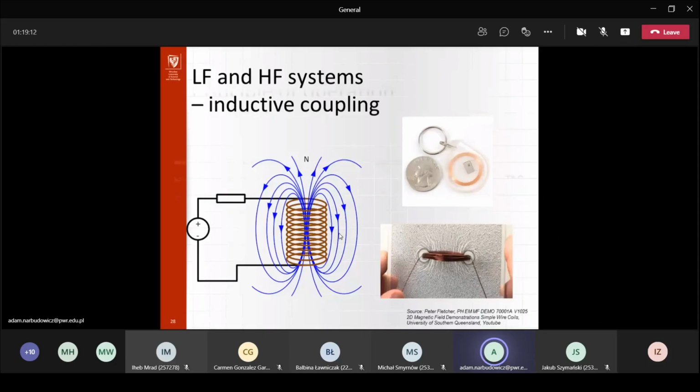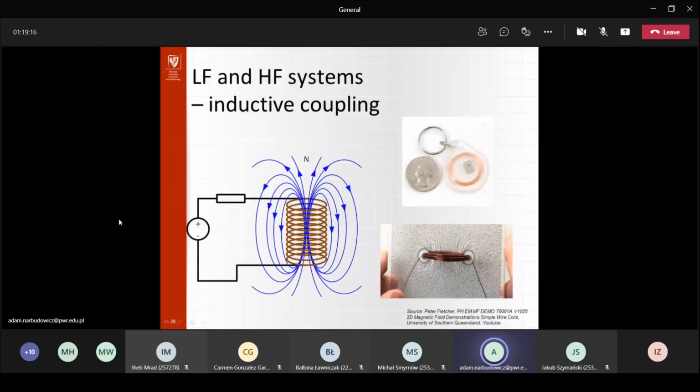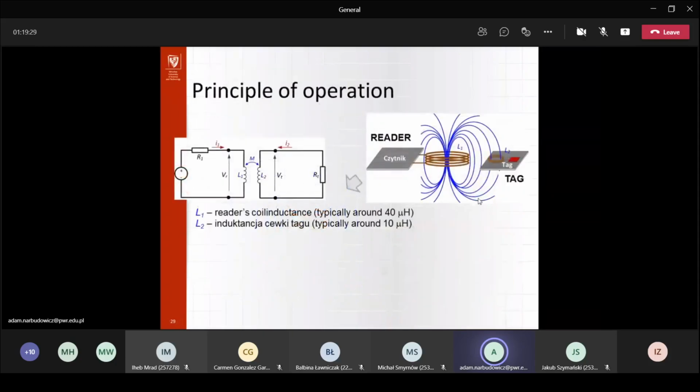So what is happening here is that you have the power source with one coil, and another coil will be embedded and connected to the chip in the RFID tag. And then if you put them together, well, you effectively have like a transformer, right?